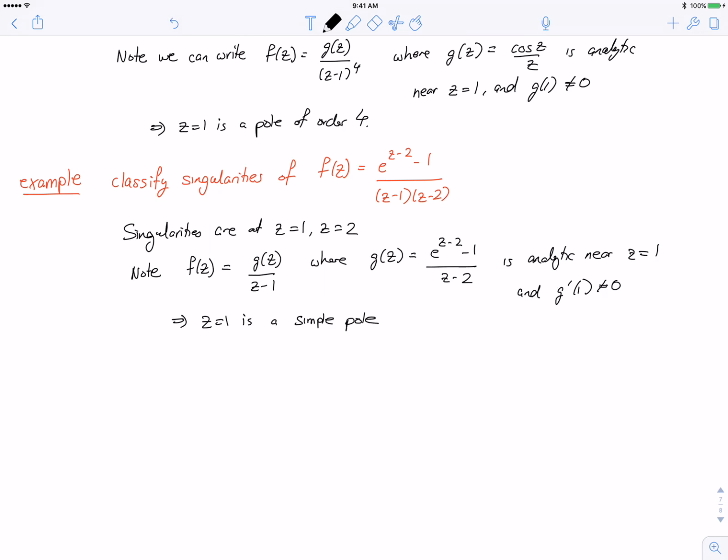And you may think the same thing is true about z equals 2. But you have to be very careful, because usually that observation is true, as in usually you look at the denominator and you ask yourself how many times does the singularity appear as a factor, and usually that gives you a pole of order whatever, but that's only if the numerator is non-zero at your point.